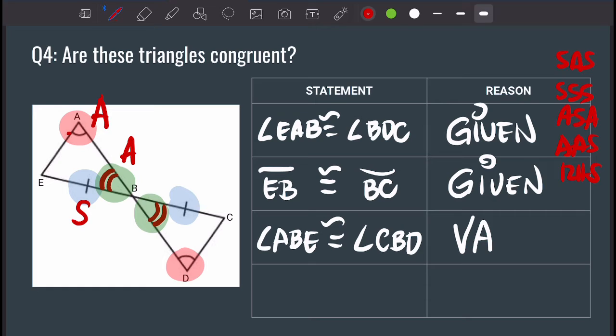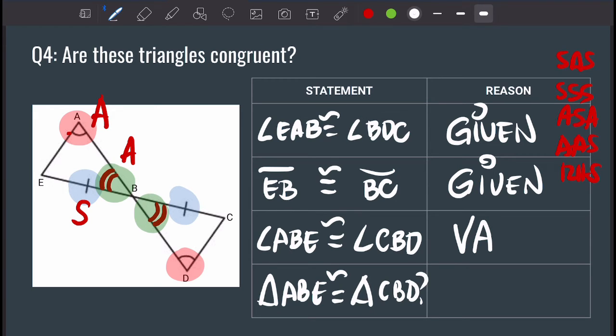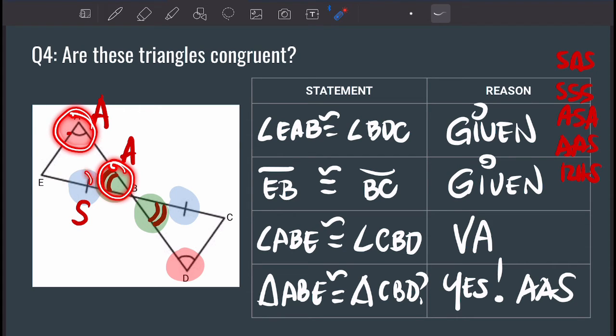So, is triangle ABE congruent to triangle CBD? Yes. And what's the reason? Angle, angle, side. It needs to follow the order of the theorem.